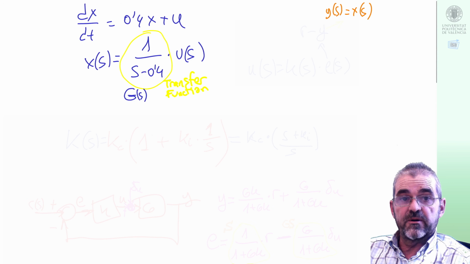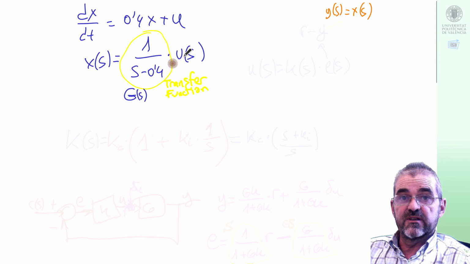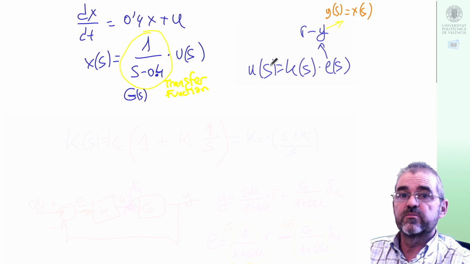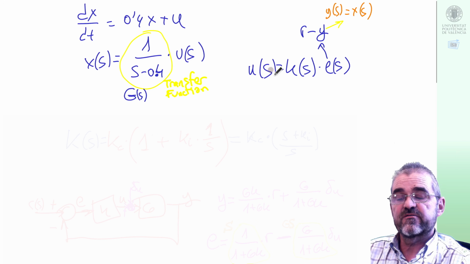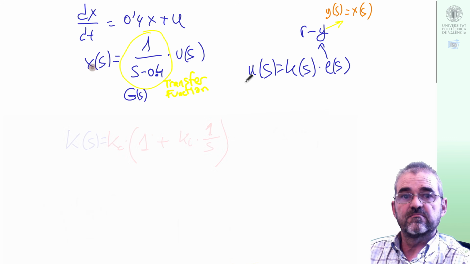If we recall our early theoretical developments, this was the open loop model in time domain, this was the open loop model in Laplace domain, the transfer function was 1 over s minus 0.4, and then the closed loop was formed by an error-based controller in which the error is passed through a dynamic system, K(s), giving U(s), the error being the set point minus the measured value of my control variable, which in this case was equal to the state variable x.